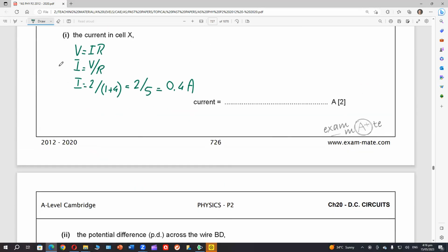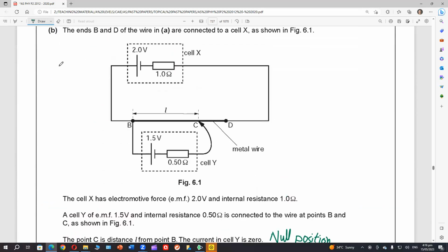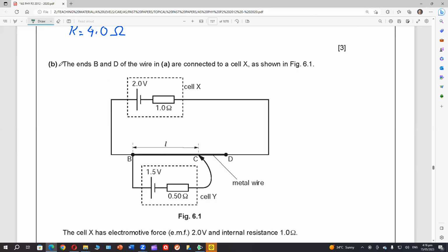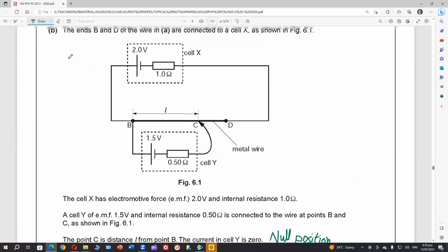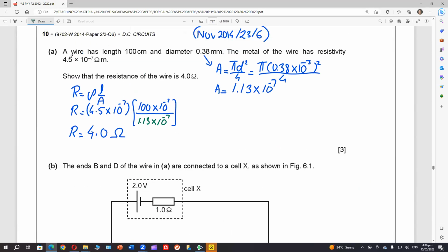He's asking for the length L. What is the length of the wire BD? We have the length. If we go back and look at the length of the wire, it was 100 centimeter.